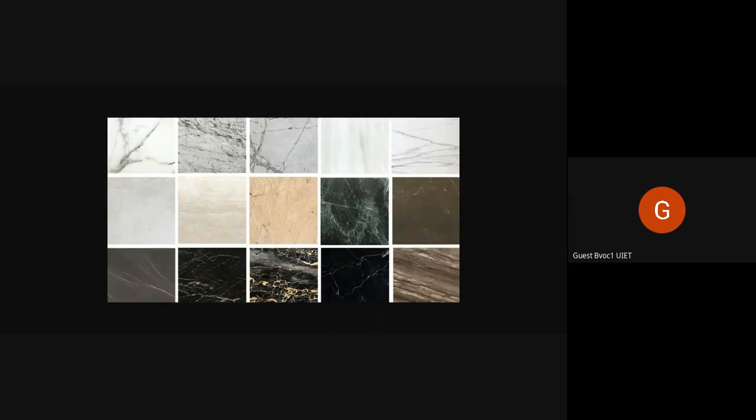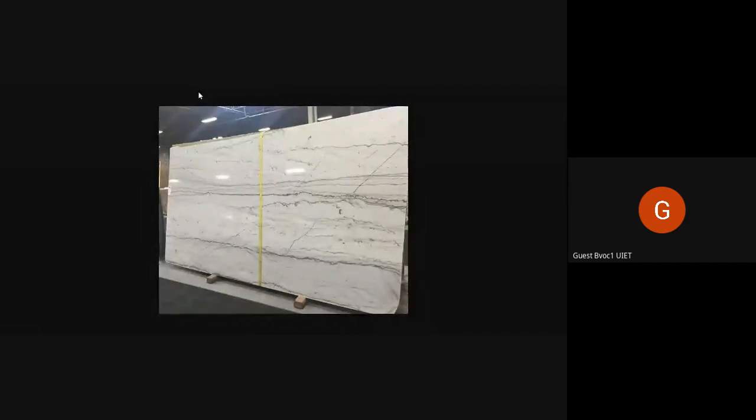See, this is quartzite, but it has these very interesting veins, or you can call them textures, which makes them beautiful options for countertops, wall claddings, etc.